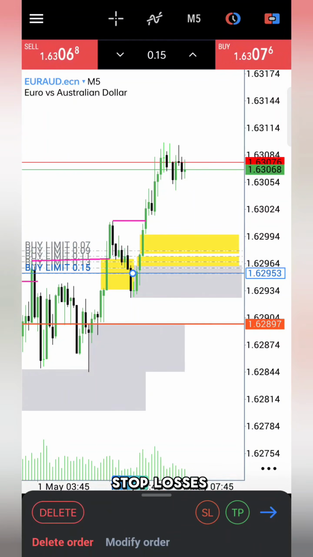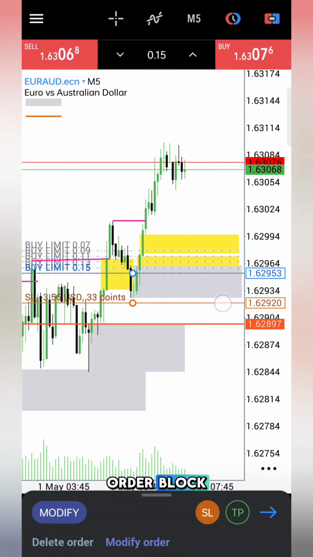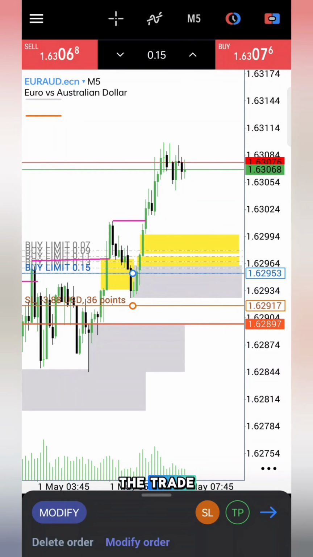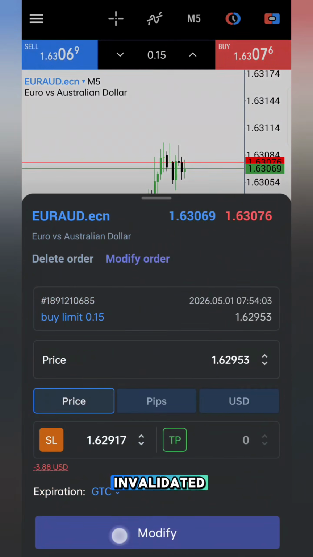I've positioned my stop losses just below the order block, allowing room for mitigation while protecting the trade if the setup gets invalidated.